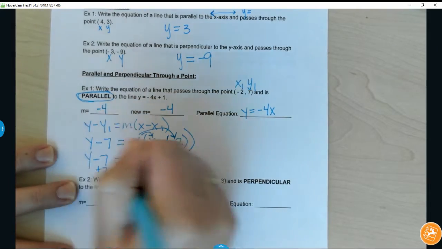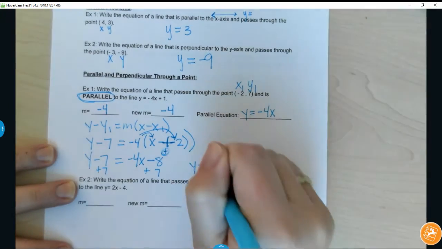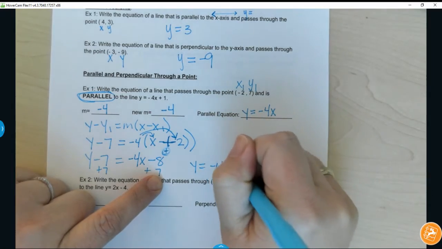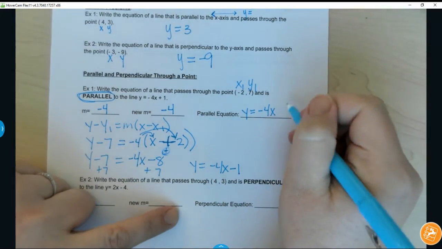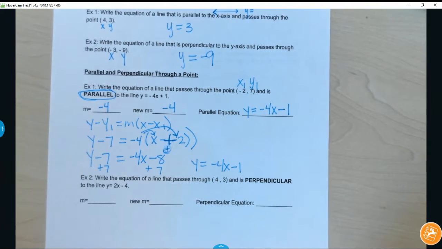I'll add 7 to both sides, and I will end with y equals -4x, -8 plus 7 would give me -1. So up here, to finish up the equation, I'm going to put -1 at the end there.